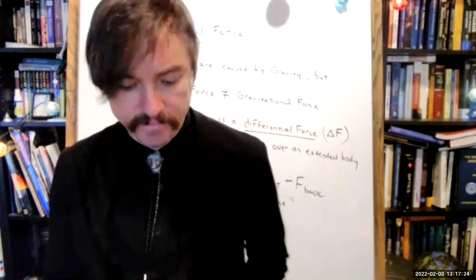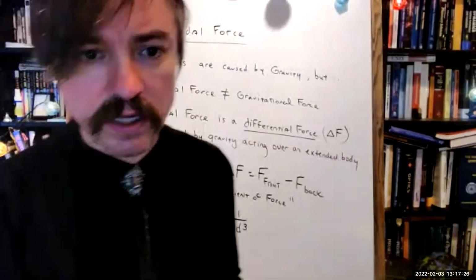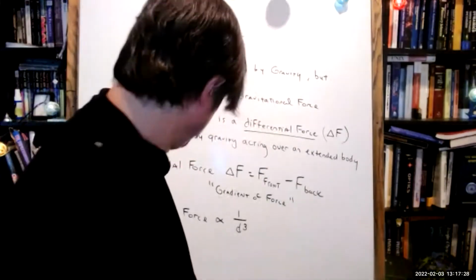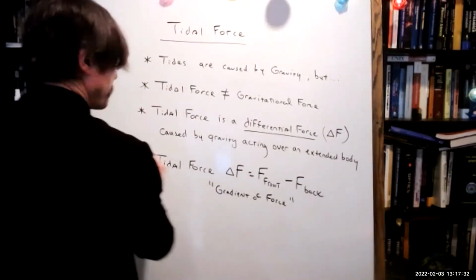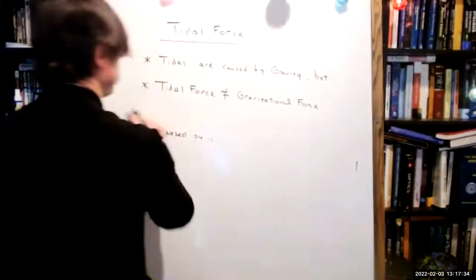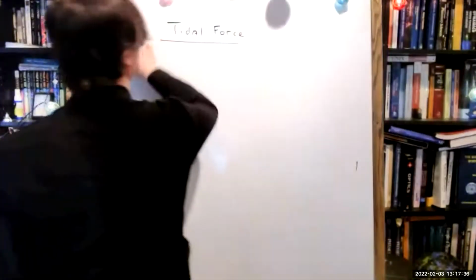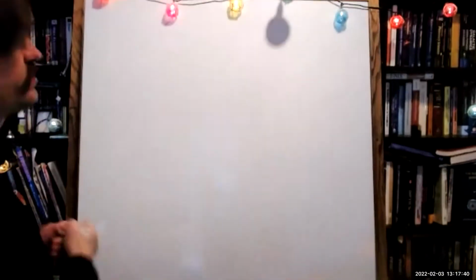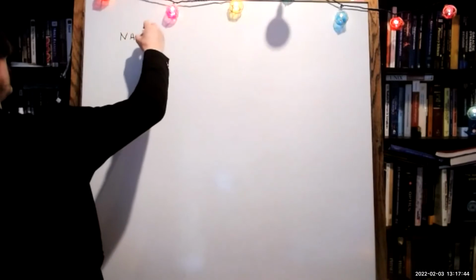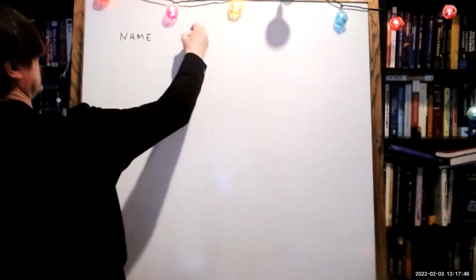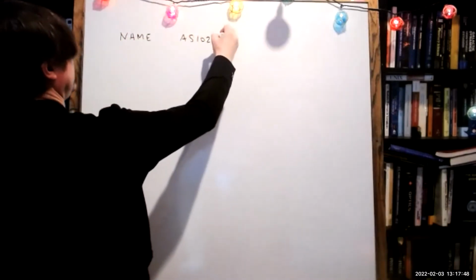Okay, everyone. Let's get to work on homework number 3, which covers chapter 4 from the book. We'll begin in the usual method. We'll have our name, AS1020.